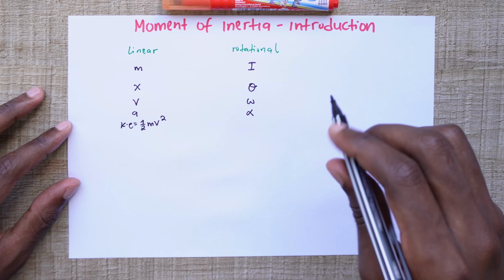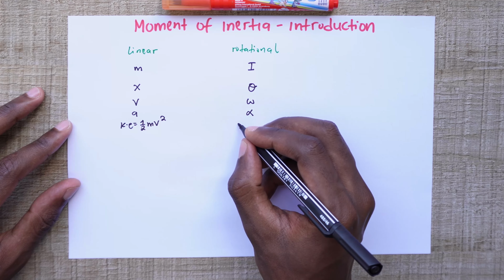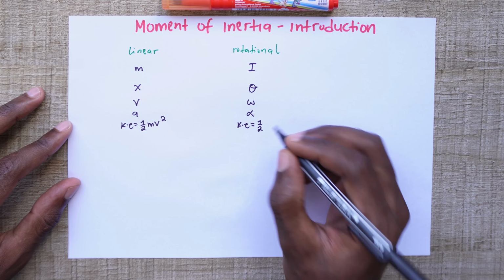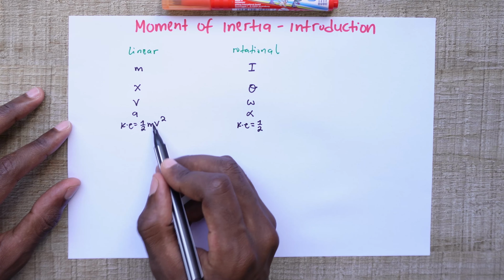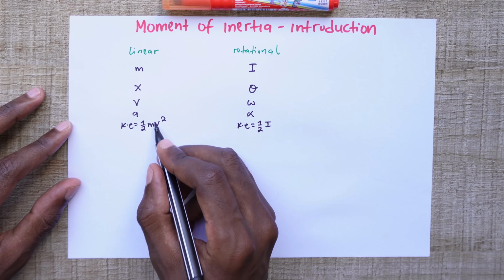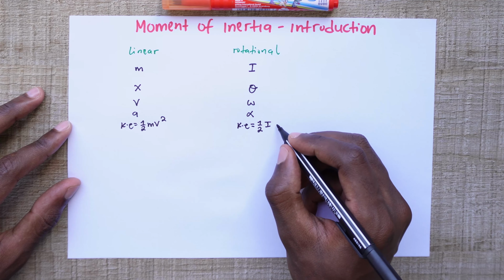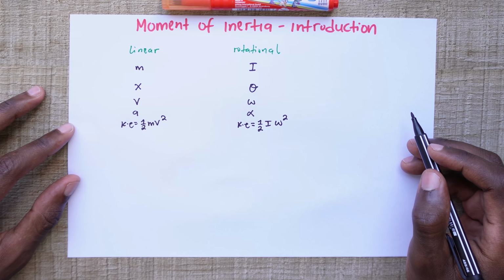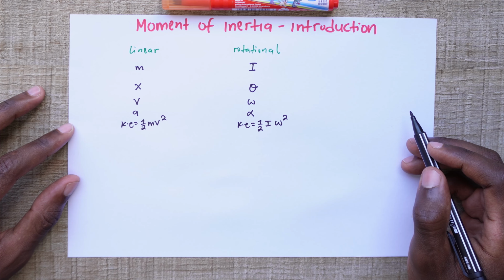If you are considering a body that's rotating, then its kinetic energy, the kinetic energy of rotation, is given by half times the analog of the mass, which is I, times the analog of the linear velocity, which is the angular velocity squared. So this is how we calculate the rotational kinetic energy of a body.